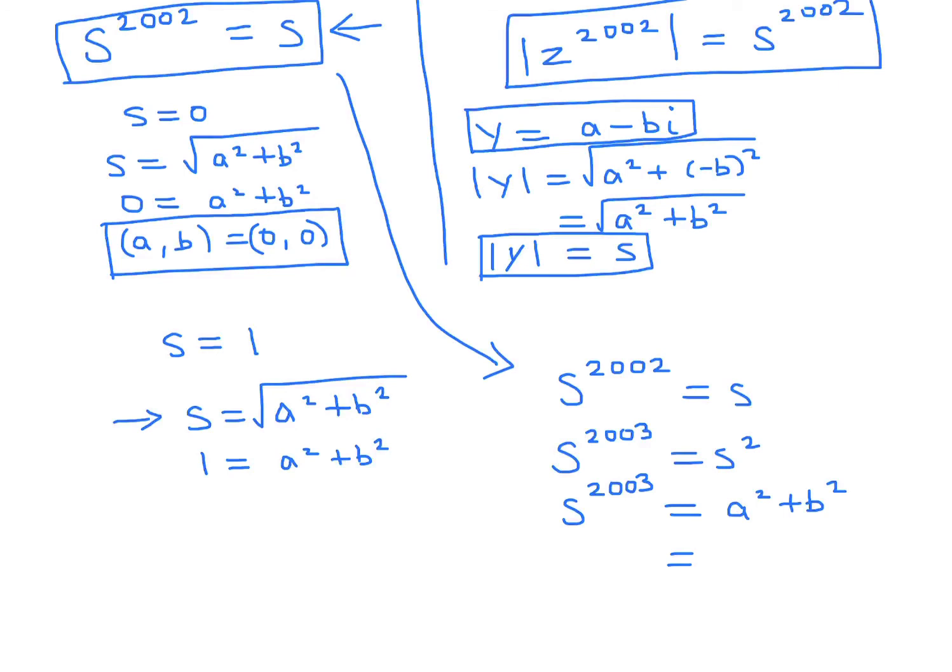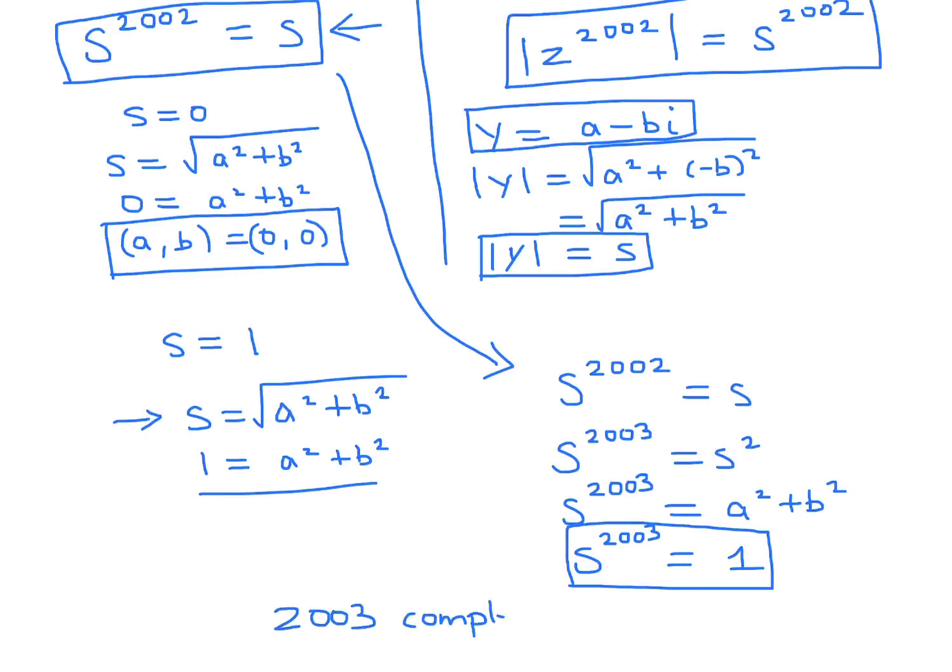And a squared plus b squared is equal to 1. So there you go. Now, what is the solution of this? s to the power of 2003 is equal to 1. It is the 2003 complex roots of 1. That is the solution to this.